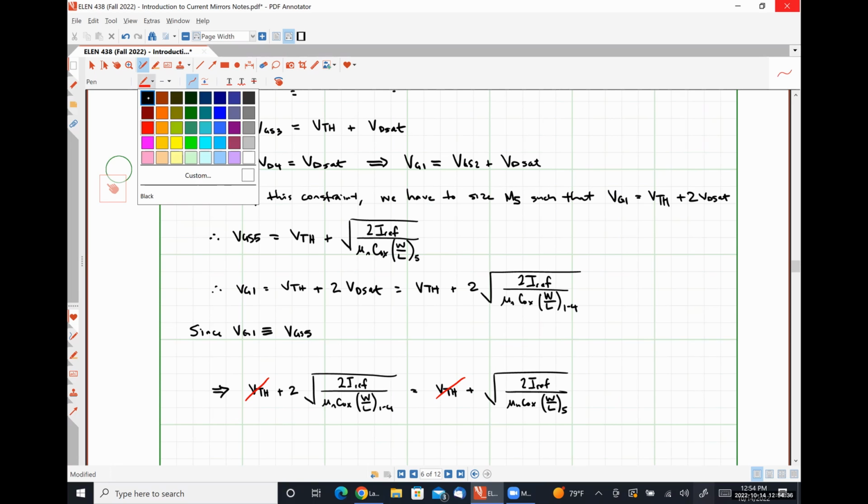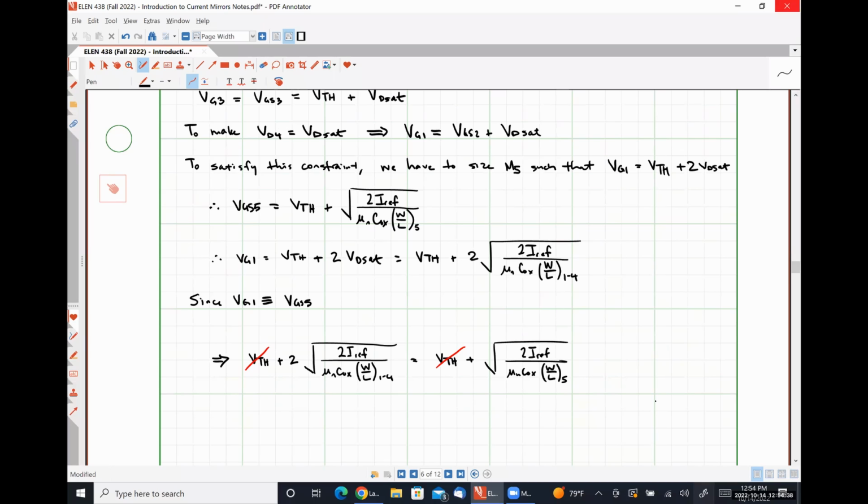And what I'm going to do now is move that 2 inside that square root sign, right?